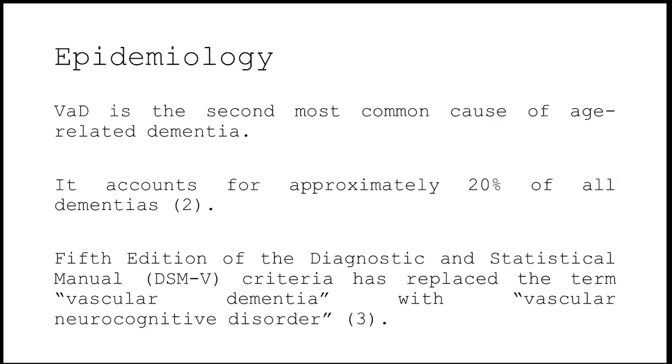But what we do know using these definitions is that vascular dementia is the second most common cause of age-related dementia after Alzheimer's disease. Some studies suggest that it accounts for 20% of all dementias.